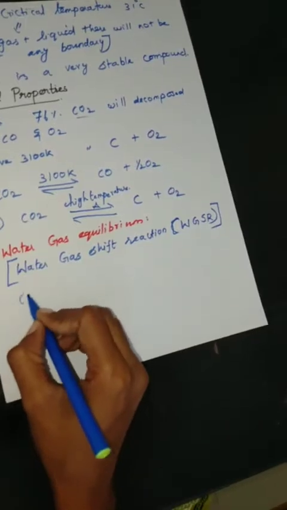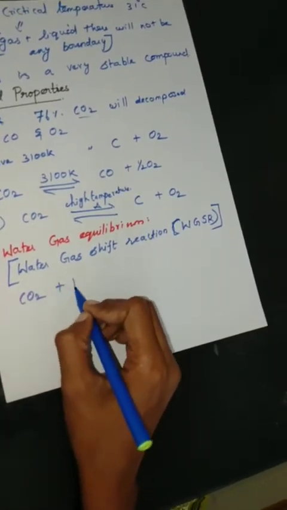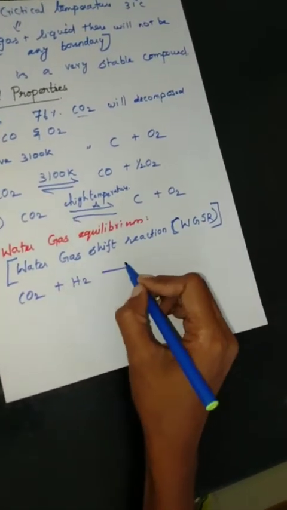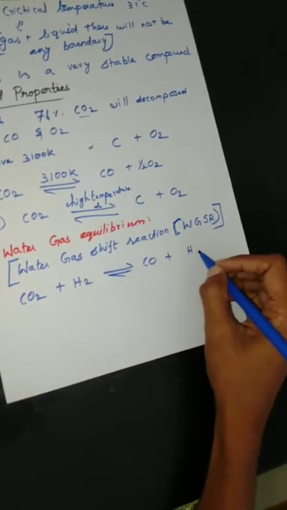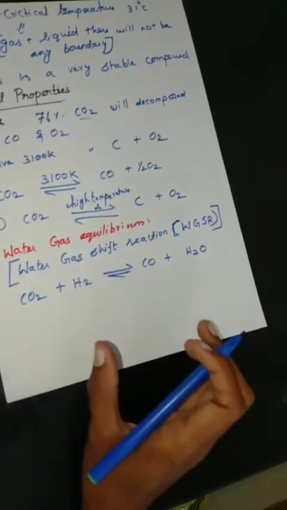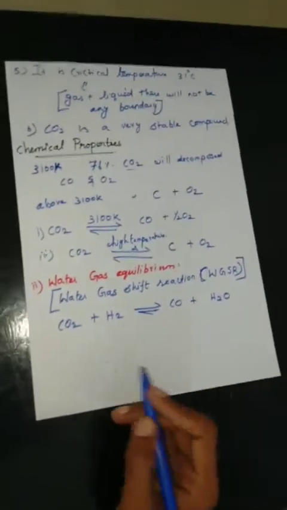Carbon dioxide plus hydrogen reacts to give carbon monoxide plus water. Where will the water gas equilibrium be used?